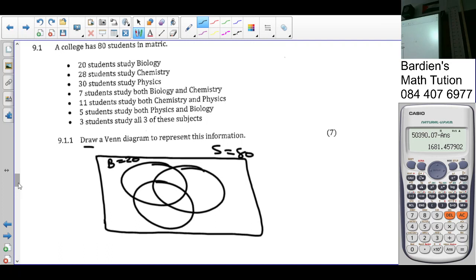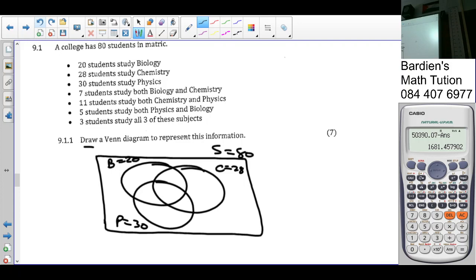You guys call it life science, yes. 20 students study chemistry. This is a college probably overseas. So your chemistry is 28, and that adds up to 28. Okay, you all agree with that? Then 30 study physics. 7 study both biology and chemistry.